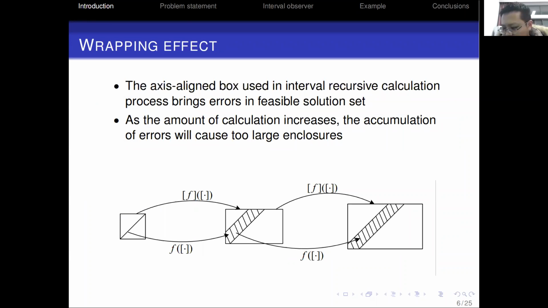If we use the interval method, for example in this figure, one line will become an interval, and with time increasing, the intervals will grow bigger. As the amount of calculation increases, the accumulation of errors will cause too large enclosures.